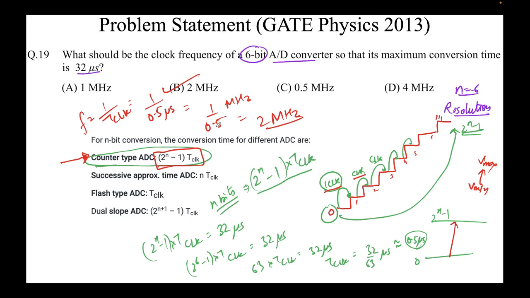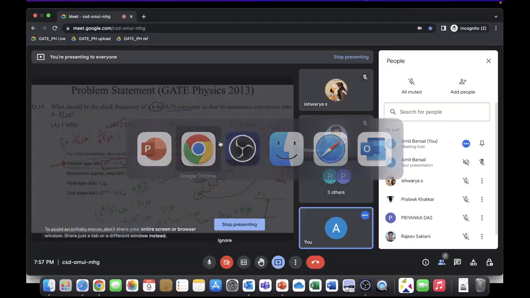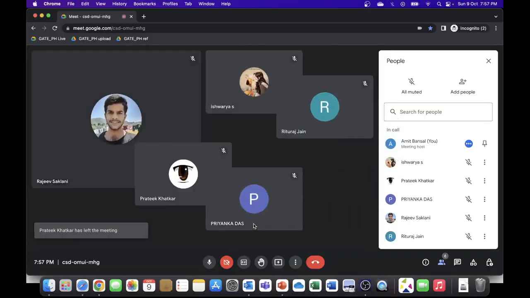We first saw the counters, in which JK was always 1 so it was in toggle mode, and later we saw how A to D converters are used. The three figures that we saw are resolution, the step height, and finally the time period of conversion. So that's it from my side. If you have any doubts or comments, please come forward and ask.